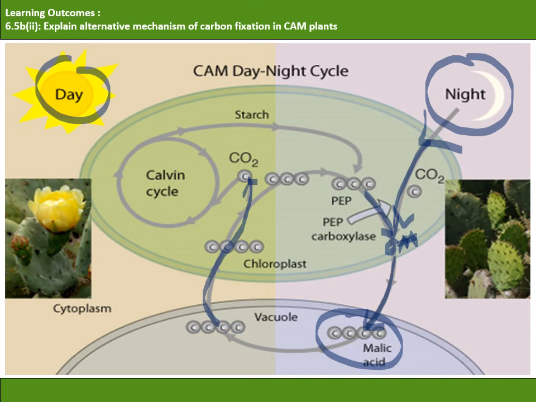Carbon dioxide is released into the Calvin cycle, and the Calvin cycle runs as usual. The light-dependent reaction supplies ATP and NADPH to the Calvin cycle, so it can undergo the Calvin cycle as normal, no problem.